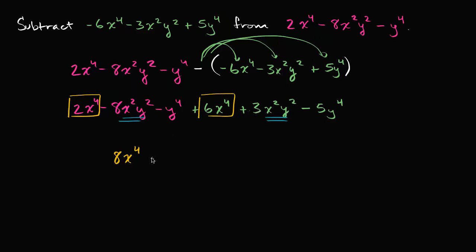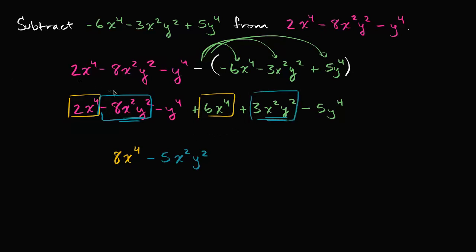That's going to be negative 5x squared y squared. So that's that term. Don't forget to include this sign here. You're subtracting 8x squared y squared, so you can view that as negative 8x squared y squared plus 3x squared y squared.